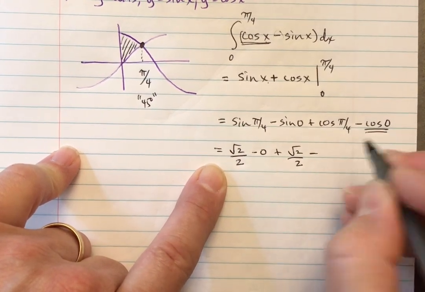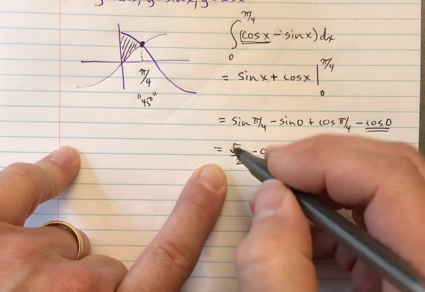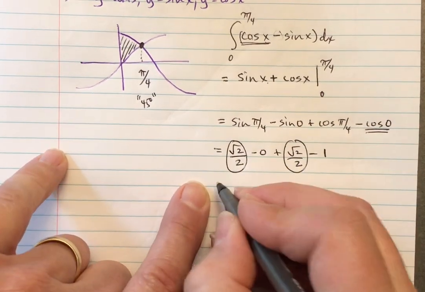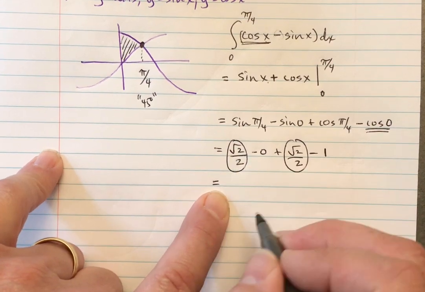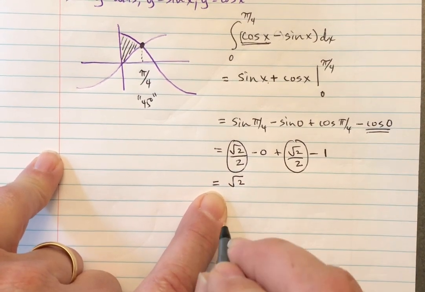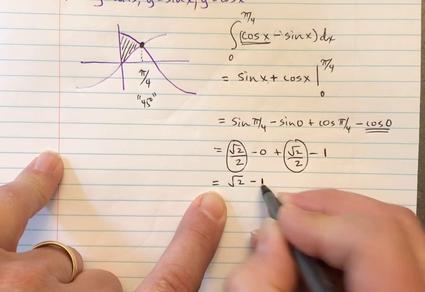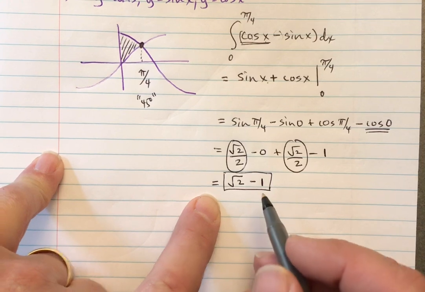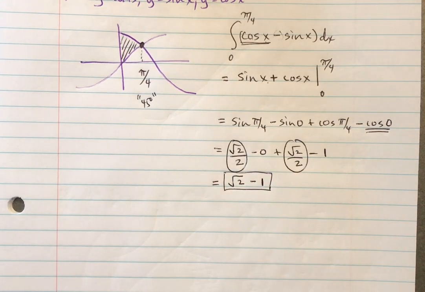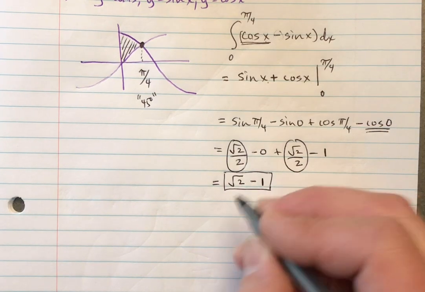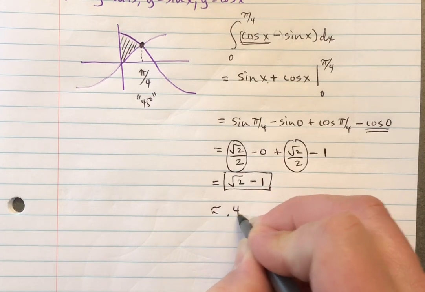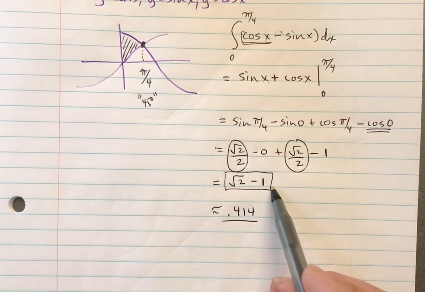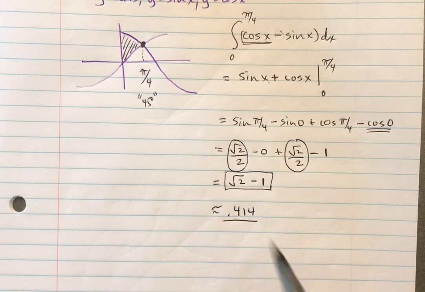And then the cosine of 0 is 1. Now, if I combine these two together, I'll get 2 root 2 over 2, which is root 2, minus 1. Now, this would be an exact value. If you did that with a calculator, then you would end up with the square root of 2 minus 1, that would be approximately 0.414. So here's my exact answer. Here's my approximate answer.